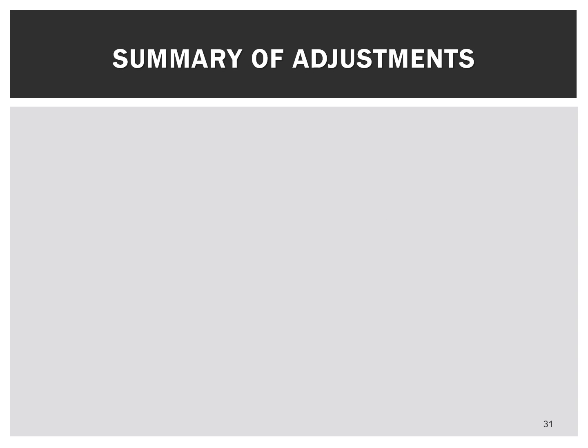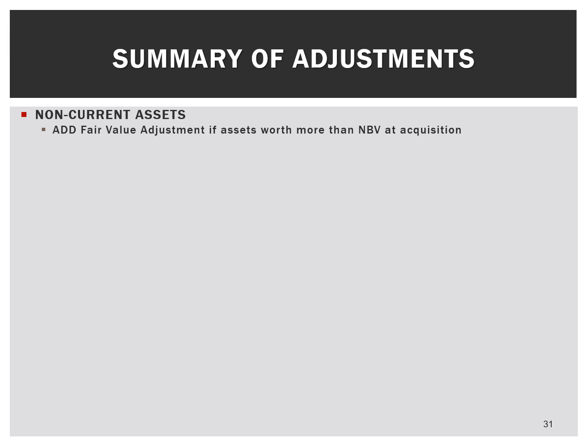So just to summarize the adjustments that are required to that consolidated statement, non-current assets, we add the two individual figures together, but we then add on to the balance sheet figures any fair value adjustment that's required if the assets in the subsidiary were worth more than their stated value at the date of purchase.